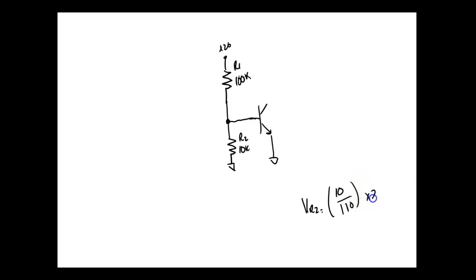And then I can multiply that by 20, and that would give me the voltage. Look, that voltage divider formula is a really neat formula because you can do the math with one formula. You could add them together, divide that by 20, take 20 into 20, and multiply it by the 10K to get the same answer. So what would be my voltage on the emitter? I mean, on the base.